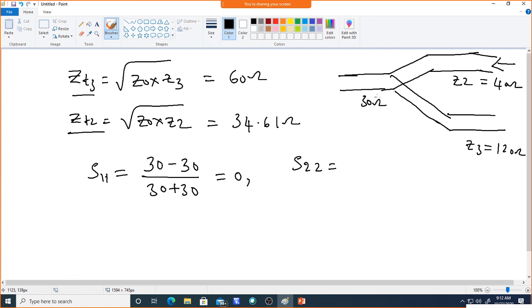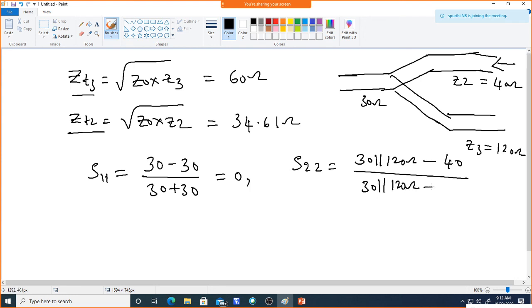That's why these will become parallel to each other, that is 30 in parallel with 120 ohm, minus the value of impedance, which is equal to 40 ohm, divided by 30 parallel 120 ohm plus 40. Now you just calculate S22.